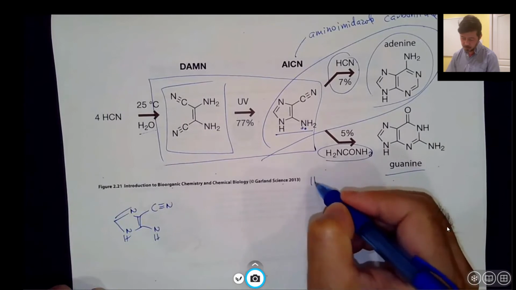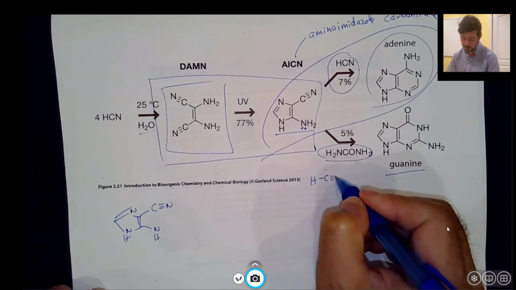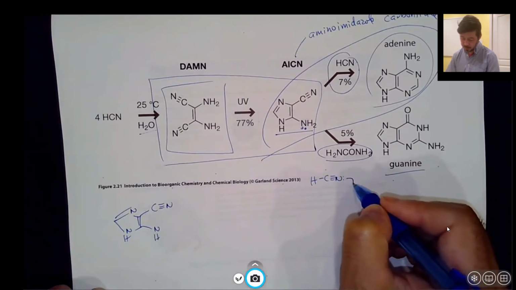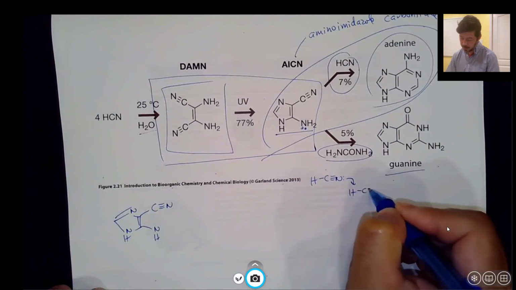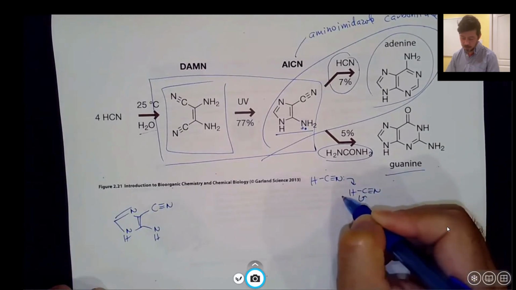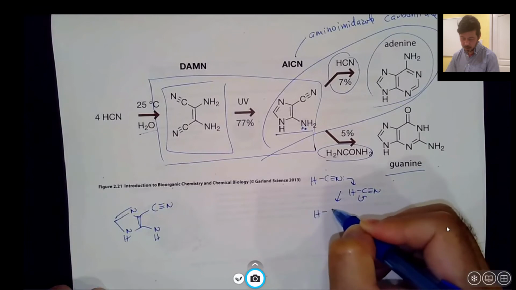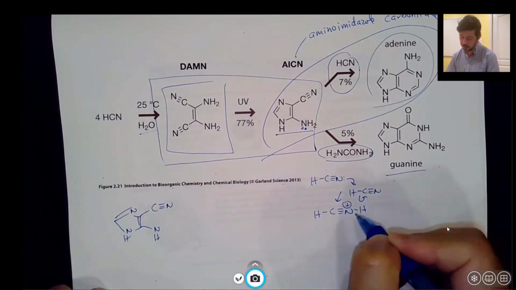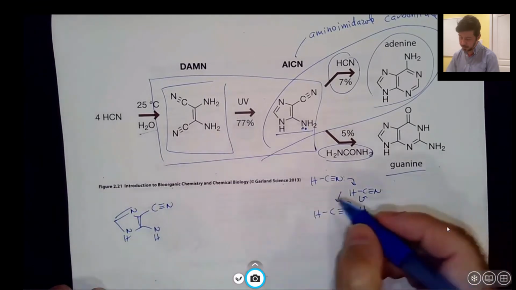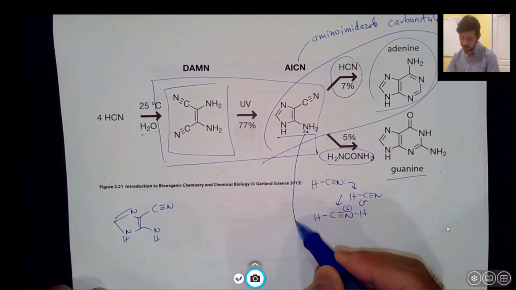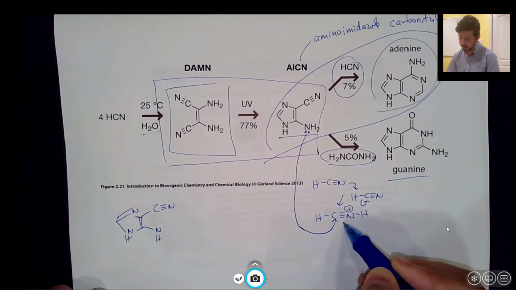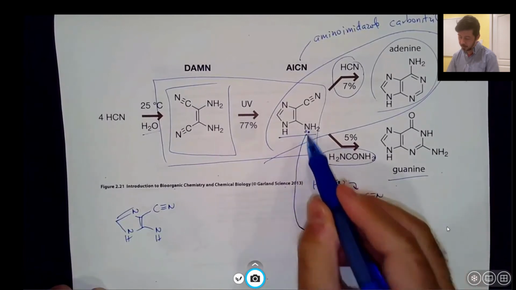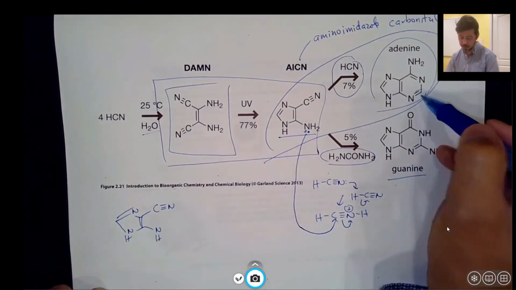As you already learned on the last slide or 2 slides back, you can just do that acid-base chemistry, which works really nicely, and you generate a really nice electrophile in the meantime. So this nitrogen can come here and react to form that key nitrogen-carbon bond, which is needed here.